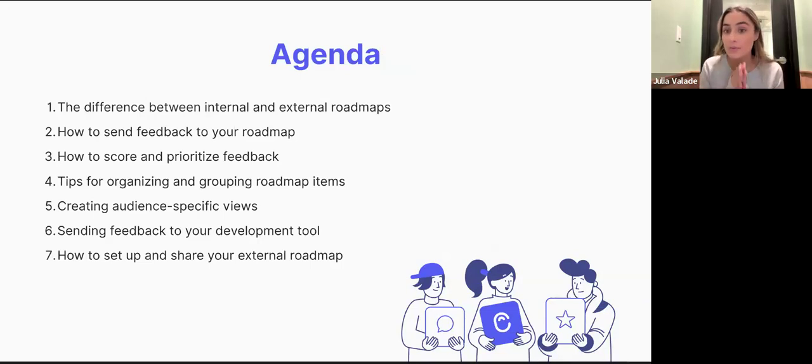We'll focus on internal roadmaps first. We'll talk about how to send feedback to your roadmap, how to prioritize and score it, and helpful ways to organize your feedback. We'll also show you how to create different views for different audiences, and finally, how you can push that to your dev tool if you're on the right plan.